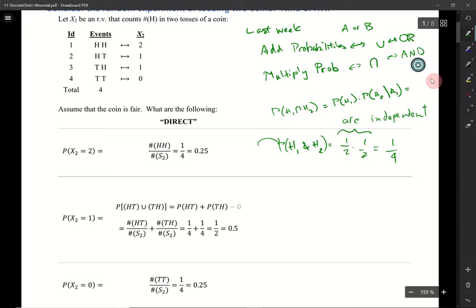Or you could do the probability of H2 times the probability of H1 given H2. But they're independent, and so this conditional probability is the same as the total probability, and so that's why we can just get the probability of H1 times the probability of H2. So we can just do this multiplication because they're independent. Okay, does that make sense?